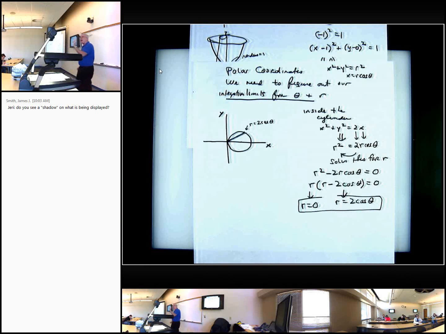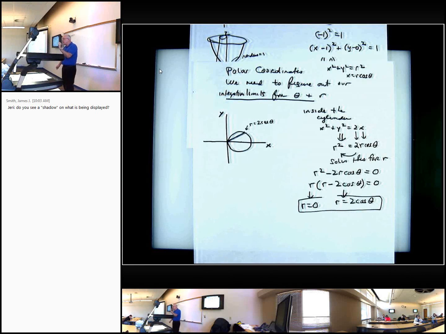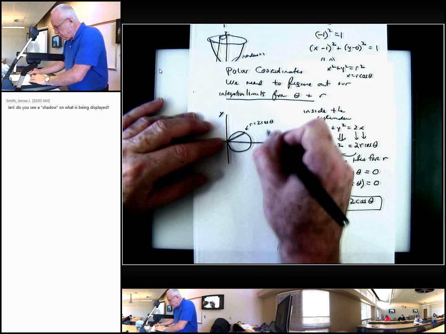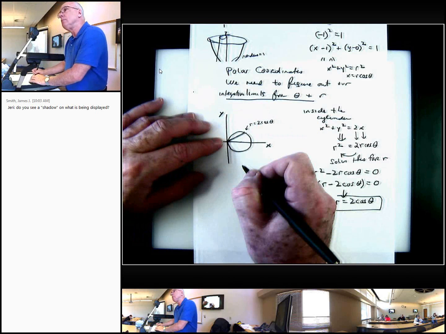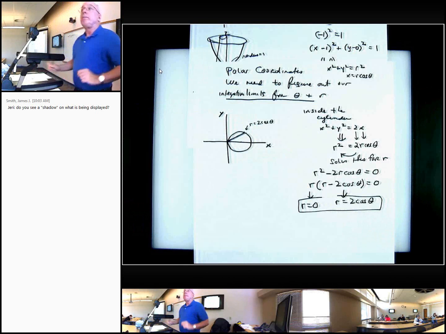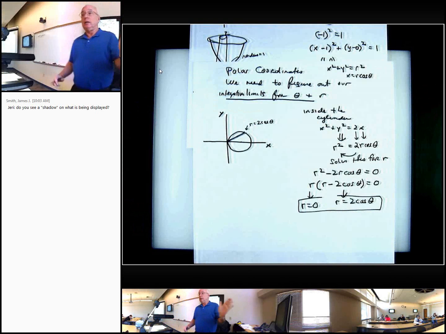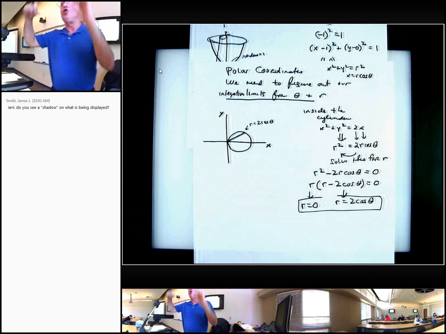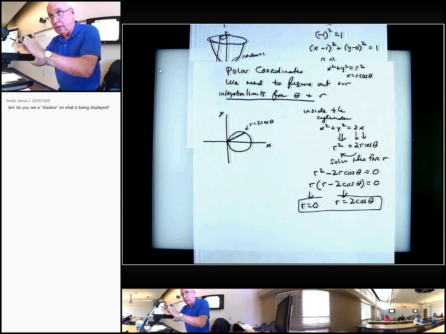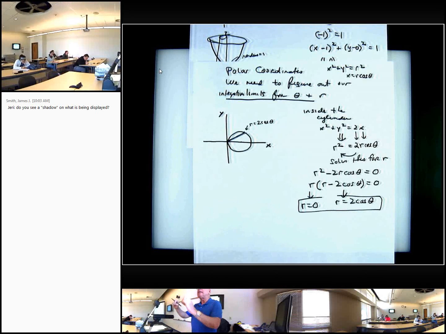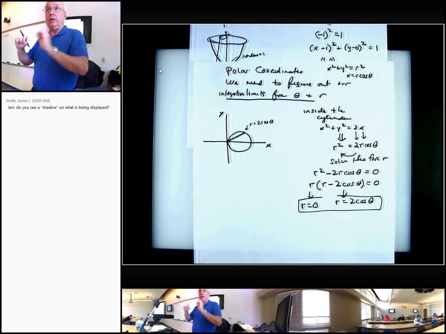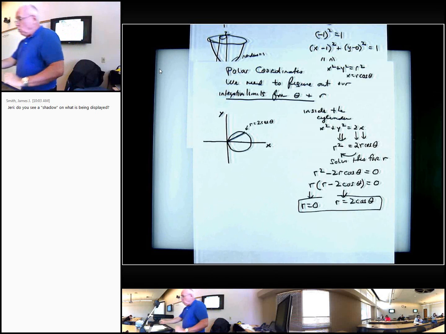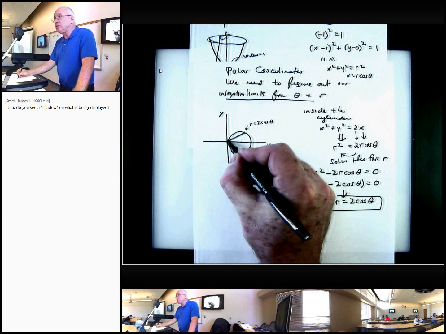What are two values of theta that cause that r to be 0? That was another problem completely. This is now r equals 2 cosine of theta. That one had cosine of 2 theta in it. Different problem. What value of theta would cause this to be 0 here? Two values.